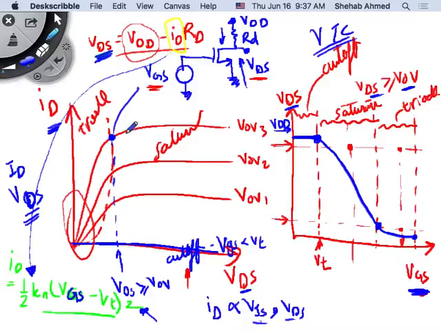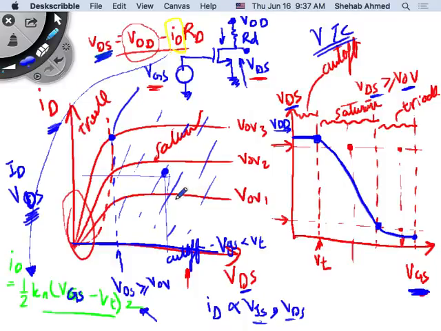Which means I am somewhere here. If you made sure that your ID, VDS and VGS are such that you're in saturation mode, you have brought yourself somewhere here. This somewhere here is called your DC operating point, or your DC bias point, or your quiescent point.